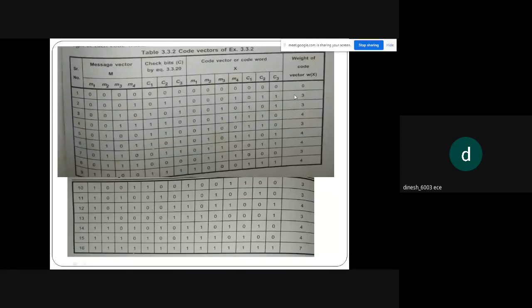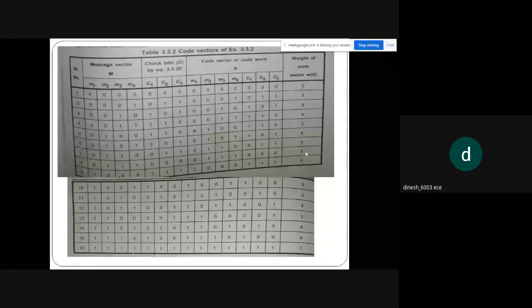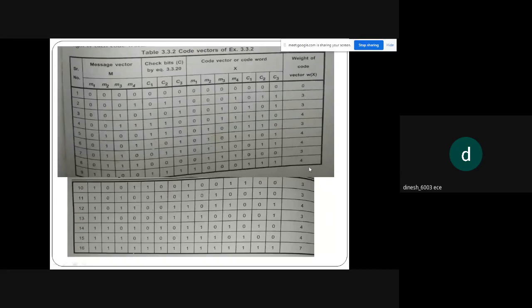Okay, you can see the weight of the code. What is the minimum weight of the code in this weight table? It is minimum 3 for all the non-zeros. You need to neglect this 0.